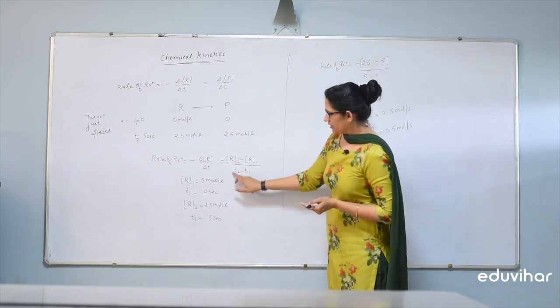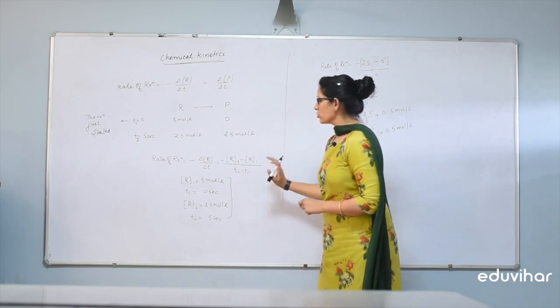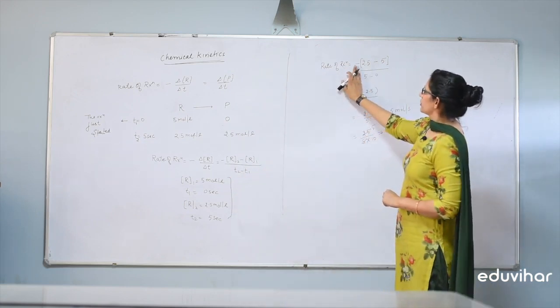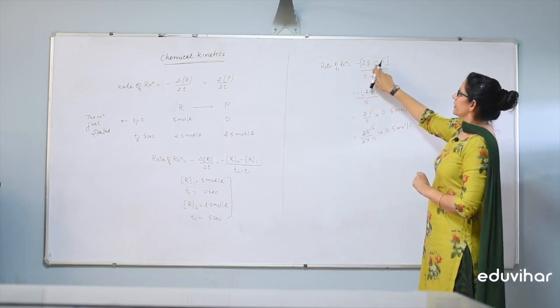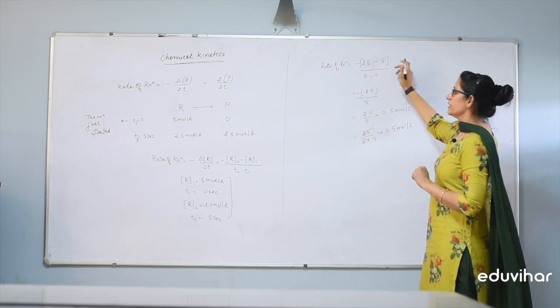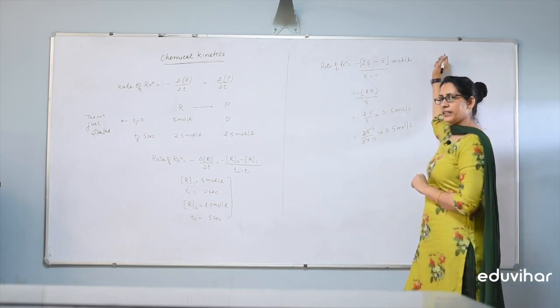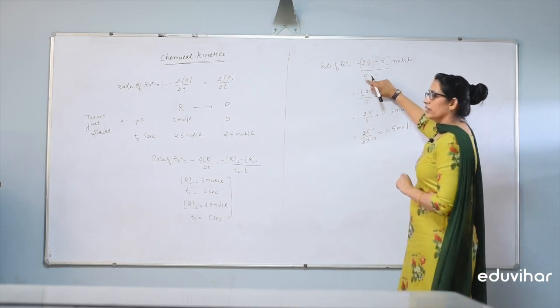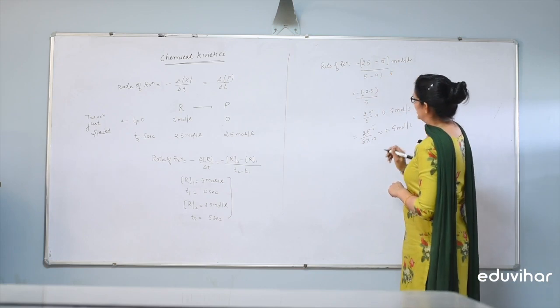Putting these data in this formula, the rate of reaction is equal to negative (2.5 minus 5) divided by 5. 5 is the initial, having the unit mole per liter. T2 is 5, T1 is 0, having unit second.